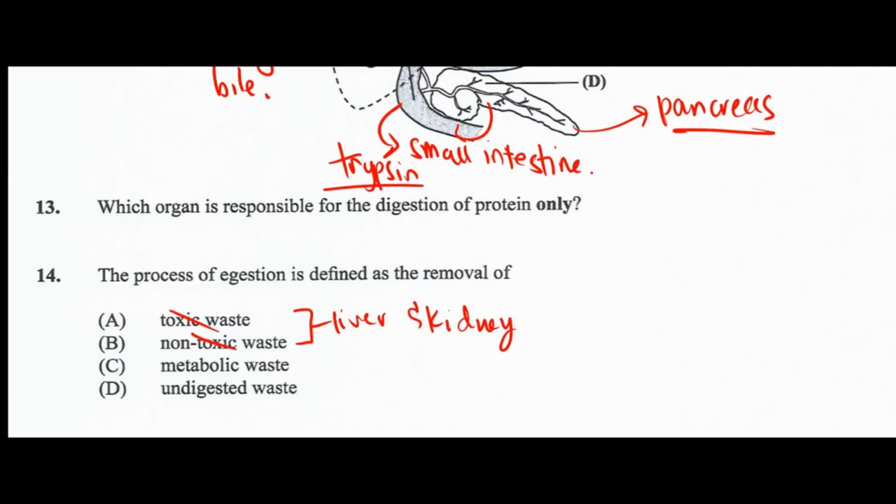And the metabolic waste is excretion, also taken care of by your kidneys. So you need to keep that in mind. That's the difference. Metabolic waste is excretion. Undigested waste is egestion. So 14 is D.